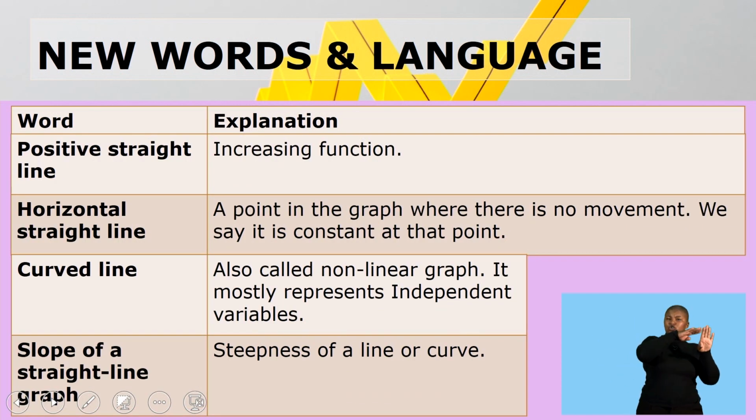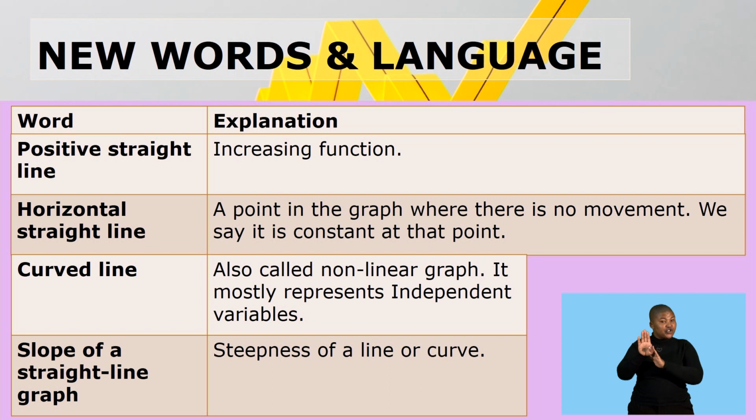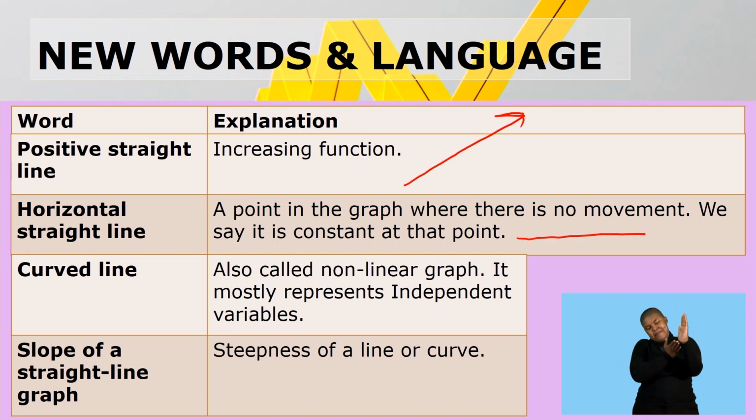A positive straight line is an increasing function, that's positive and straight. A horizontal line is a point on the graph where there is no movement, we say it's constant at that point. A curved line, also called a non-linear graph, is something that is not straight.